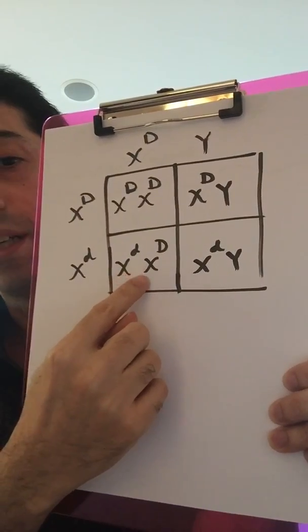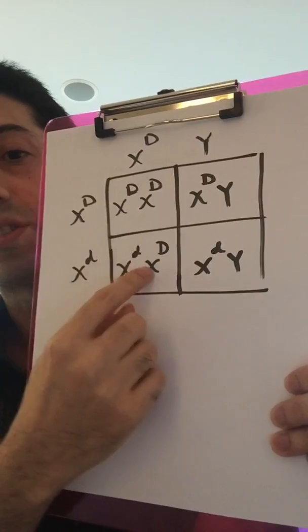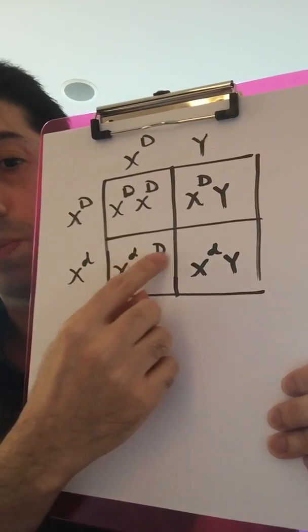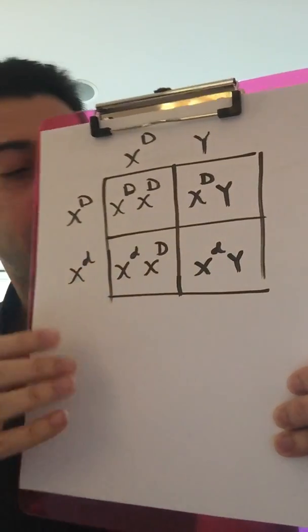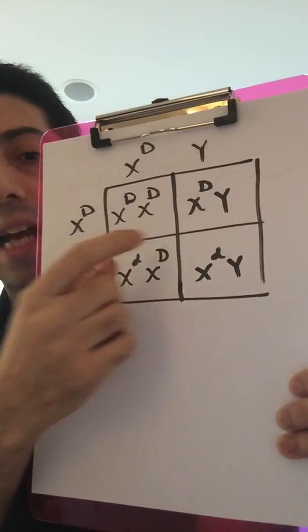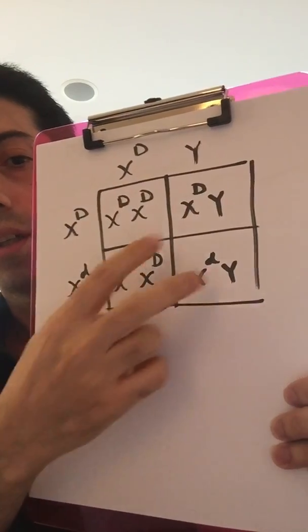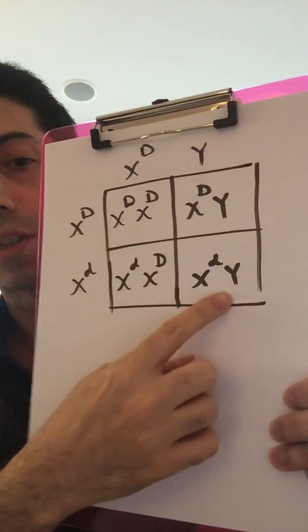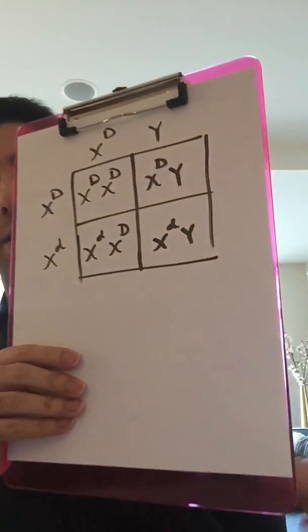But this one is heterozygous, and heterozygous will not show the recessive phenotype. It should be two lowercase. Is that clear? Okay. So the answer is 1/4. The child has a probability of 1/4, or 25%.